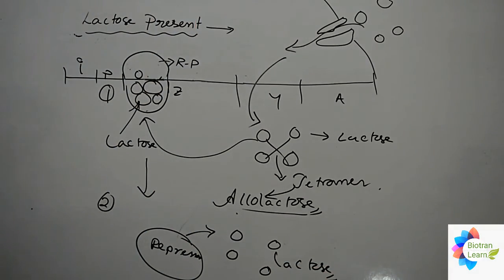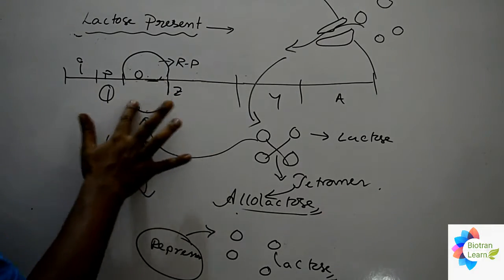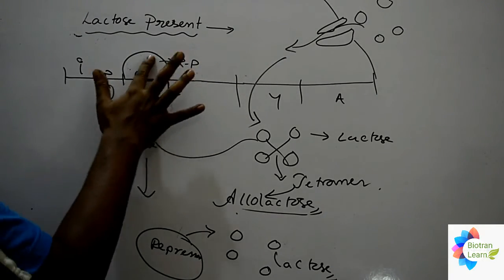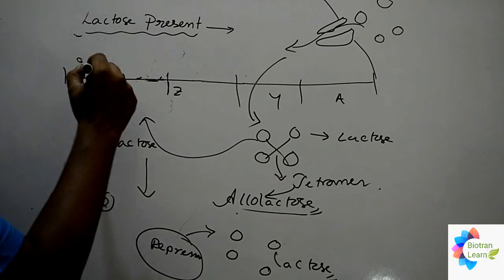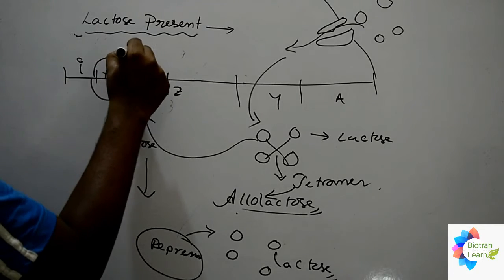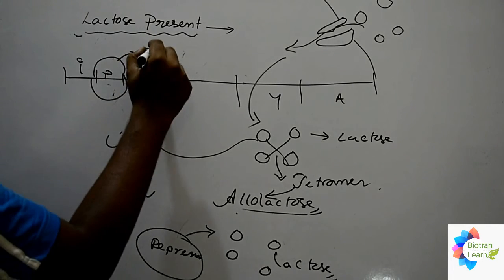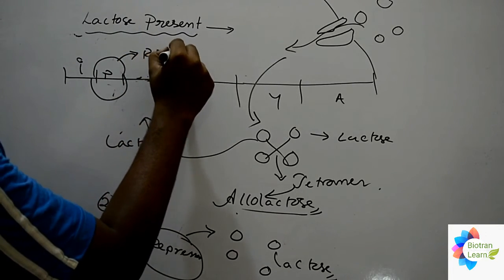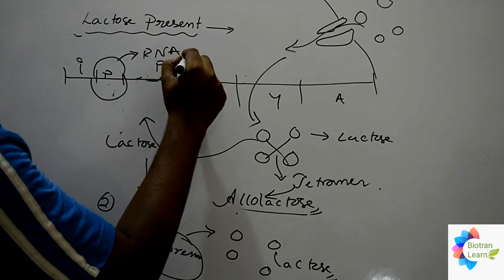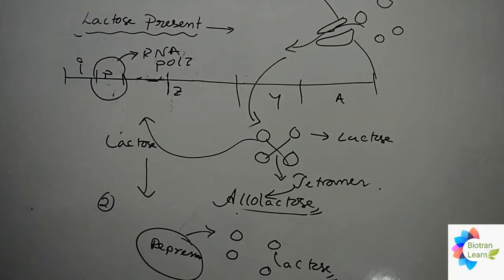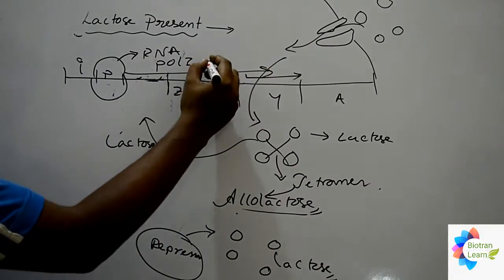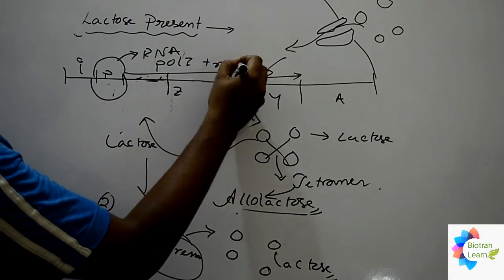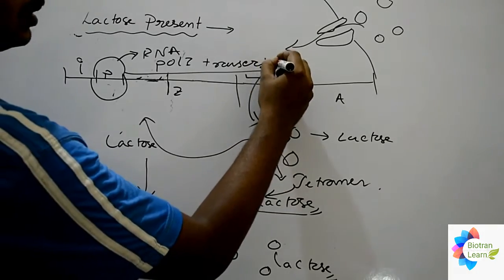If the repressor protein is released from here, then no repressor protein will be present in this section any further. Now the RNA polymerase comes to this section, and the transcription starts.